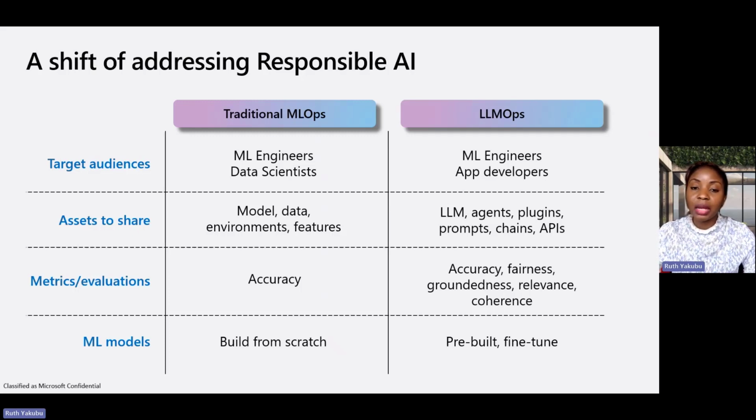They're using prompts a lot based upon what they want to do. They're using chains depending on how they want the flow of the dialogue to be. And they're using APIs depending on what additional information they need to get from different resources that are out there.